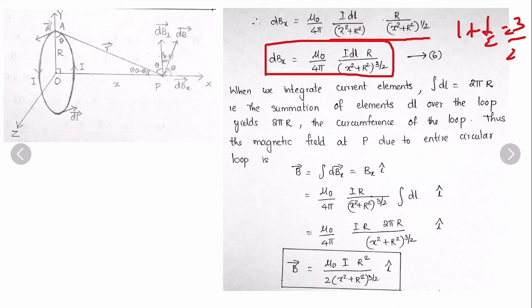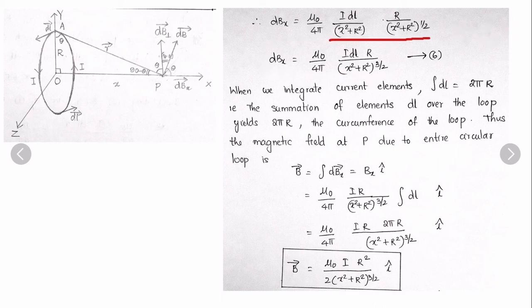Why do we integrate? Because we want it for the full loop. When you integrate, the terms which cannot be integrated are taken out, and whatever is to be integrated is kept inside. Only dl is to be integrated, so within the integration we keep only dl into i cap.